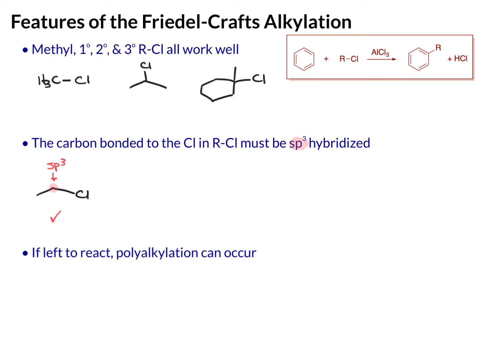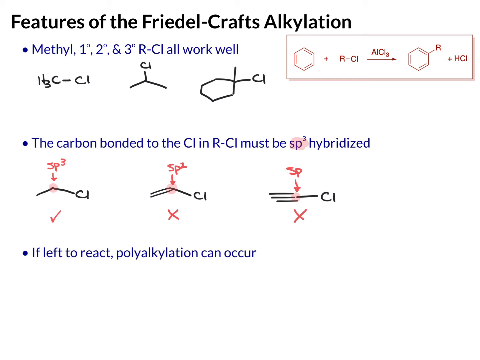But if you were to change that to a vinyl chloride, or have an alkyne here, where now we have sp2 and sp hybridization, these will not work in the Friedel-Crafts alkylation.